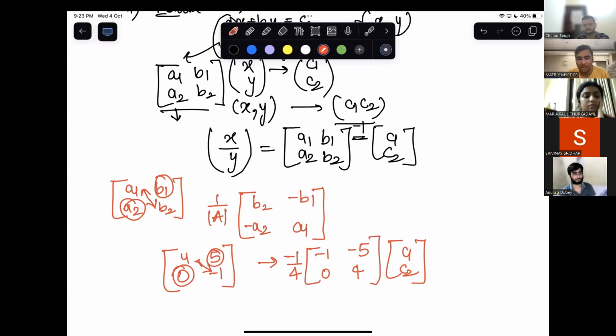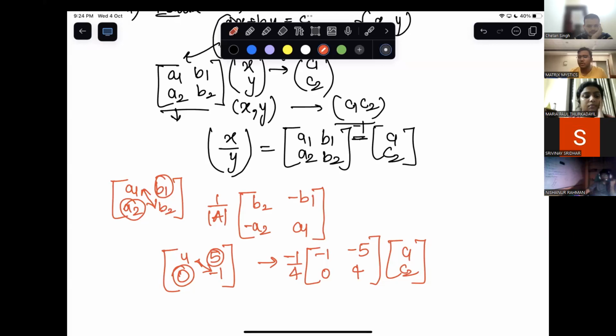Why does this method work? Actually, this is a basic observation. If we go into the details of the inverse, there is something known as the adjoint, and there are other definitions to it. This is just a basic observation that we had calculated and have been using directly since our 10th and 11th.